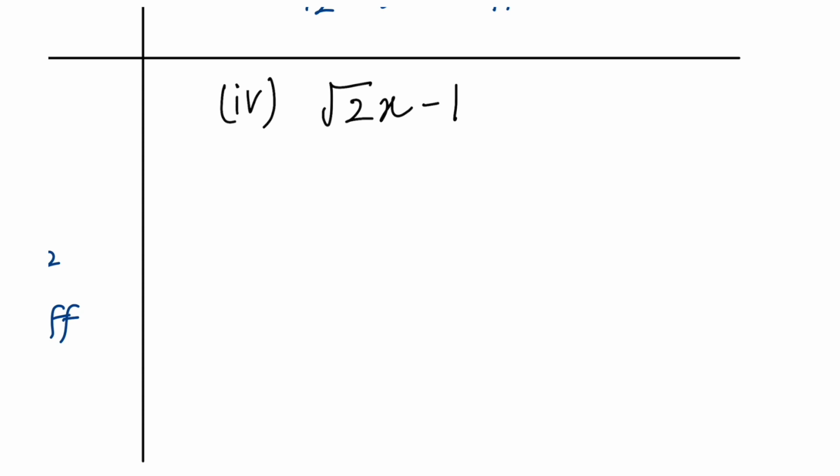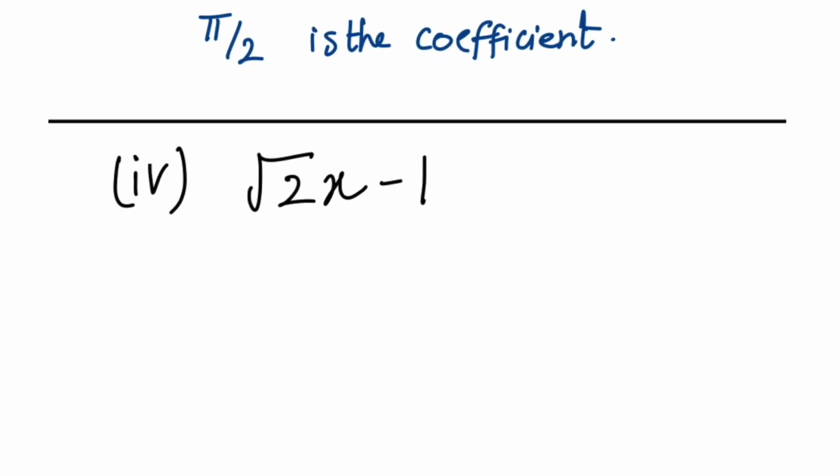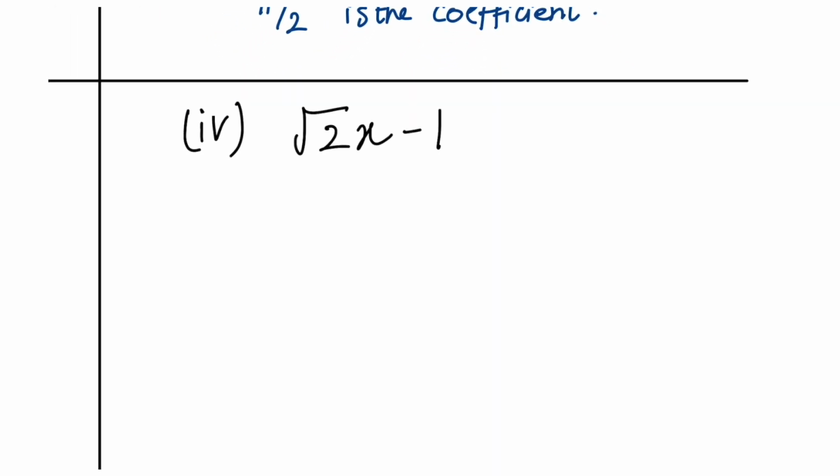So root 2x minus 1, and we are asked to write the coefficient of x squared in this question, right? And in this case, there is no x squared term. So in that case, what would be the coefficient of x squared? It would be 0x squared. Okay, so if any number for that matter is multiplied by 0, you will get 0 as the answer, right?